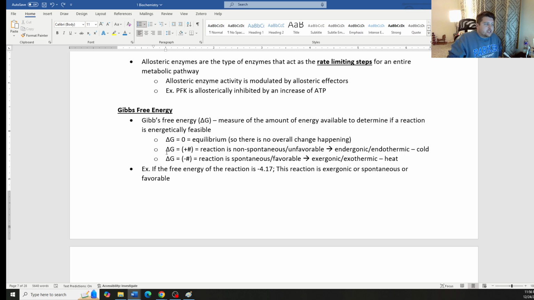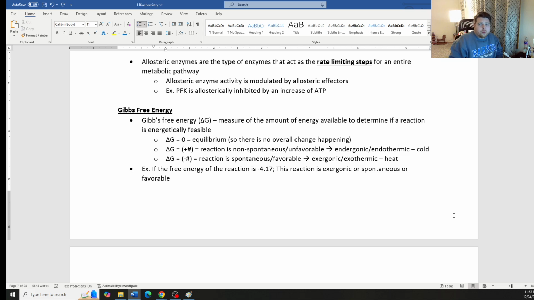If our delta G is a positive number, this means that the reaction is non-spontaneous or unfavorable. These types of reactions are endergonic, also known as endothermic, meaning that when these reactions occur, they need to be fed energy.